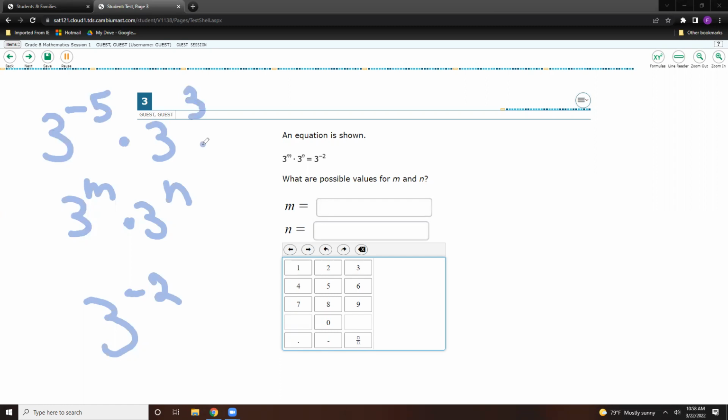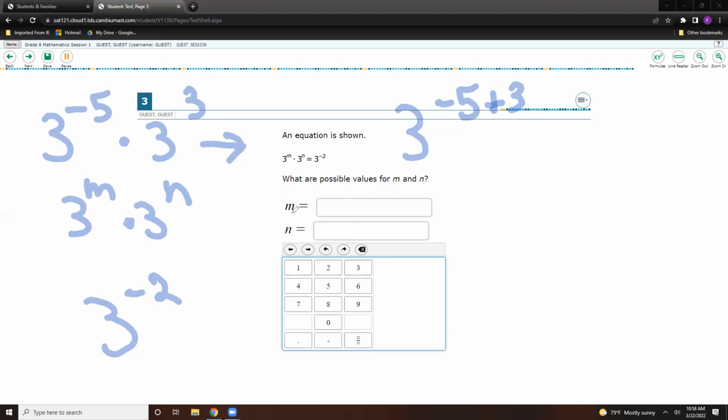This turns into 3 to the negative 5 plus 3. Remember, we're multiplying powers with the same base. The base is 3. We add or combine the exponents, keeping the base. So I'm keeping the base, and a negative 5 and a positive 3 give me a negative 2.